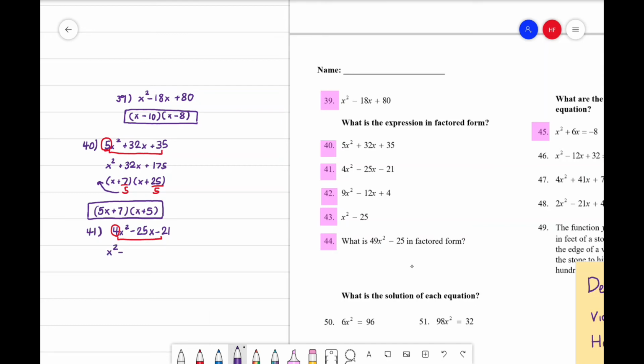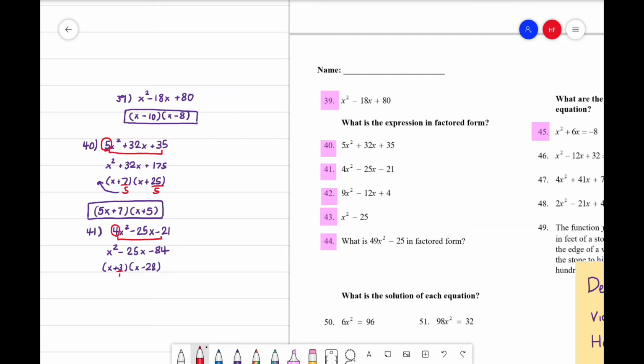X squared minus 25x minus 84. And then we want two numbers that multiply to negative 84 but add to negative 25. Those two numbers are 3 and negative 28. So x plus 3, x minus 28.